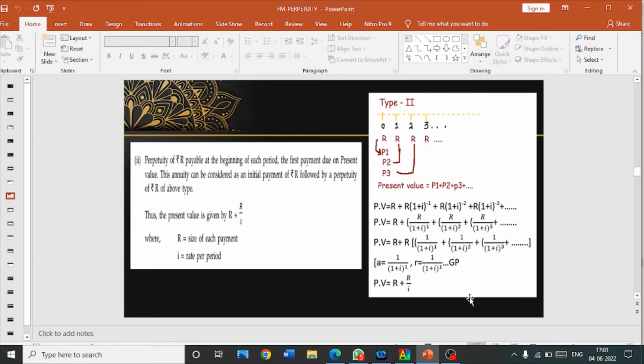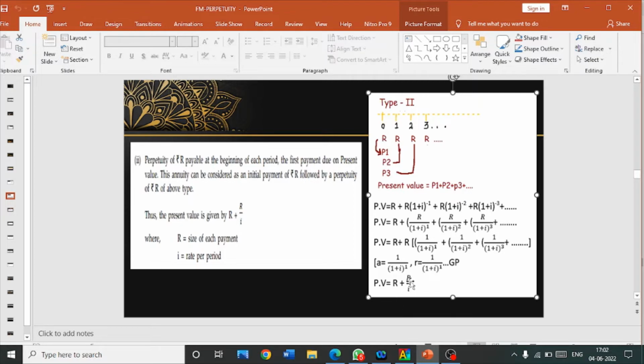Suppose you pay the payment at the beginning of the month. So same terms like type 1, from the month end till your period, if you add from 1 to all this, you know the formula is R by i, right? But in the beginning, at period 0 itself, I made one payment, so that R is extra.